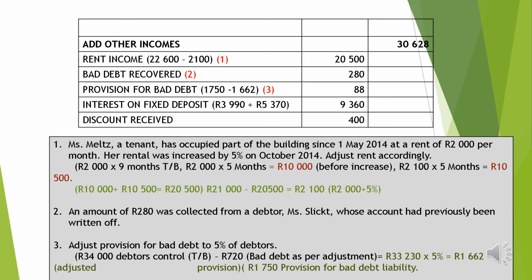Then the second adjustment is in relation to a bad debt recovered. A bad debt recovered, remember, it starts from your debtors control or your accounts receivable, where we sell goods to our customers on credit.